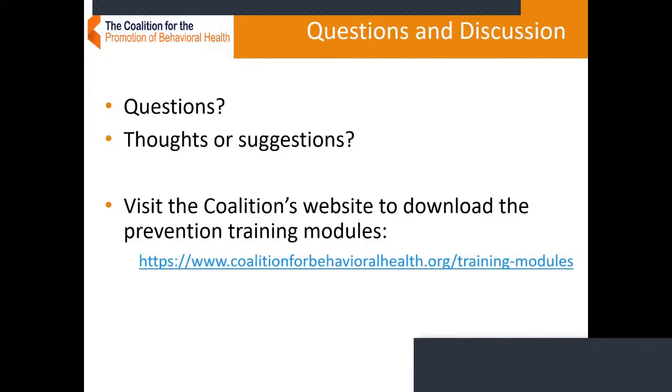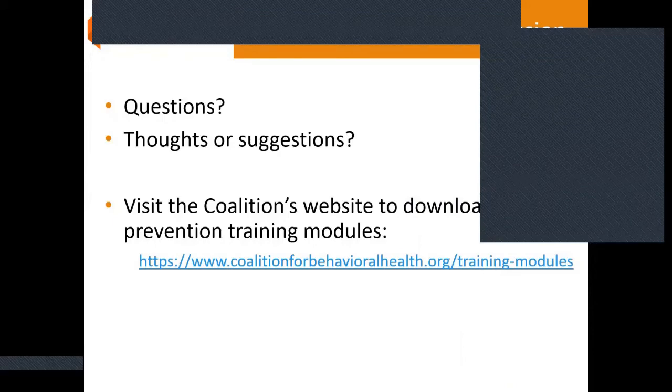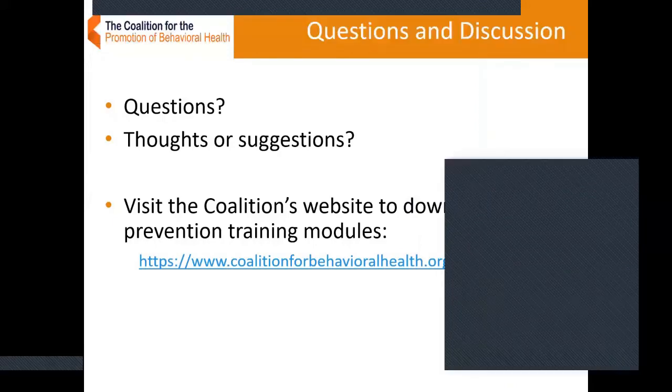In the whole literature and evidence on risk and protective factors, we know that many of the same risk and protective factors are associated with a number of behavioral health problems that kids have. So when we say shared risk and protection, we're generally talking about this idea that there are common risk factors and common protective factors that are related to multiple problems: school dropout, drug use, aggression, violence, and so forth.